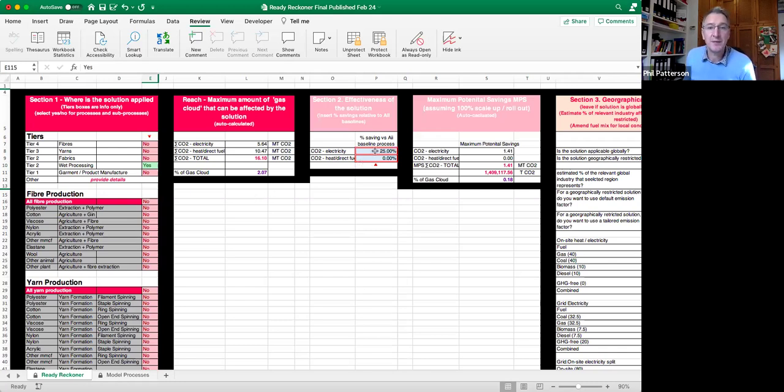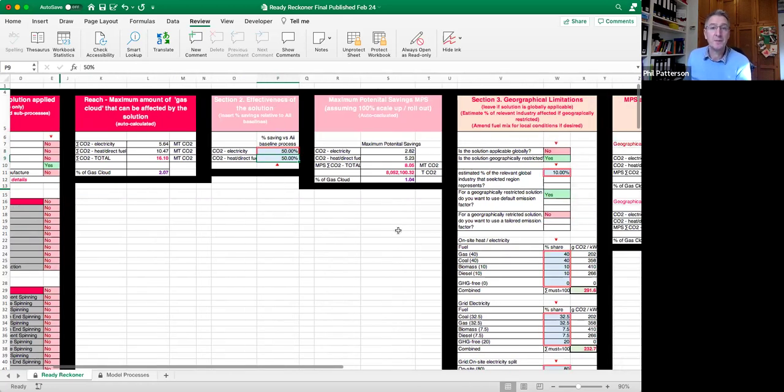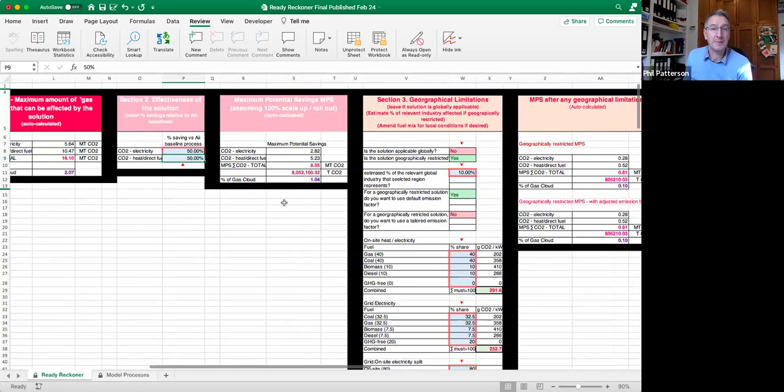Now, if we then put in the electricity savings of 50% and we put in the heat savings of 50%, this then calculates through to a percentage of the gas cloud for maximum potential savings of 1.04%, which is 8.05 megatons.